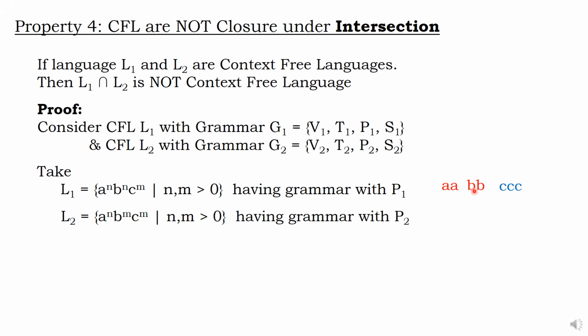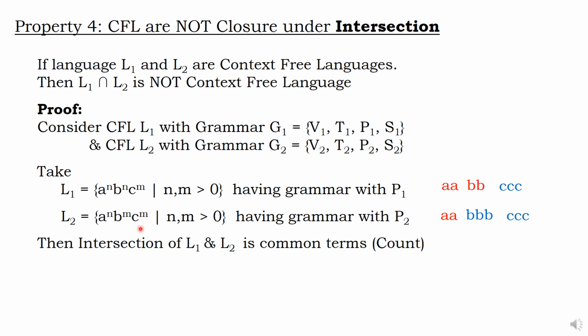Another language I will take: a power n, b power m, c power m. Let us do that: 2a, 3b, 3c. This is n count 2, m count 3. Now, what is L1 intersection L2? Can I have a common n term, common m term?